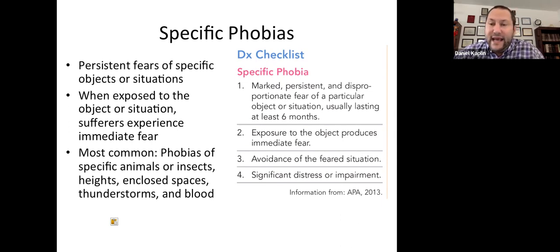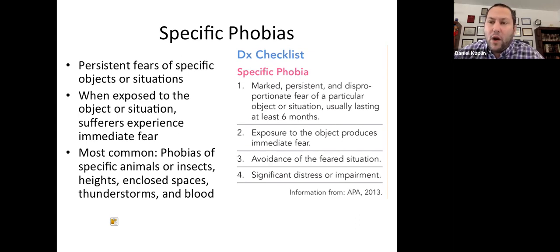So let's take the case of arachnophobia, which is a fear of spiders. People get uncomfortable around spiders, and that's perfectly fine. It's evolutionarily appropriate to be afraid of spiders because some are venomous and run risk of causing us death.